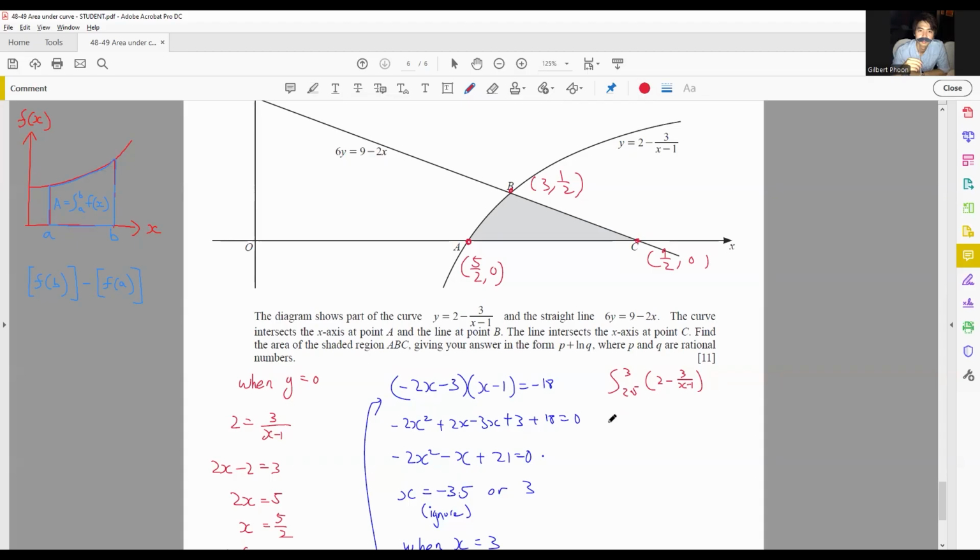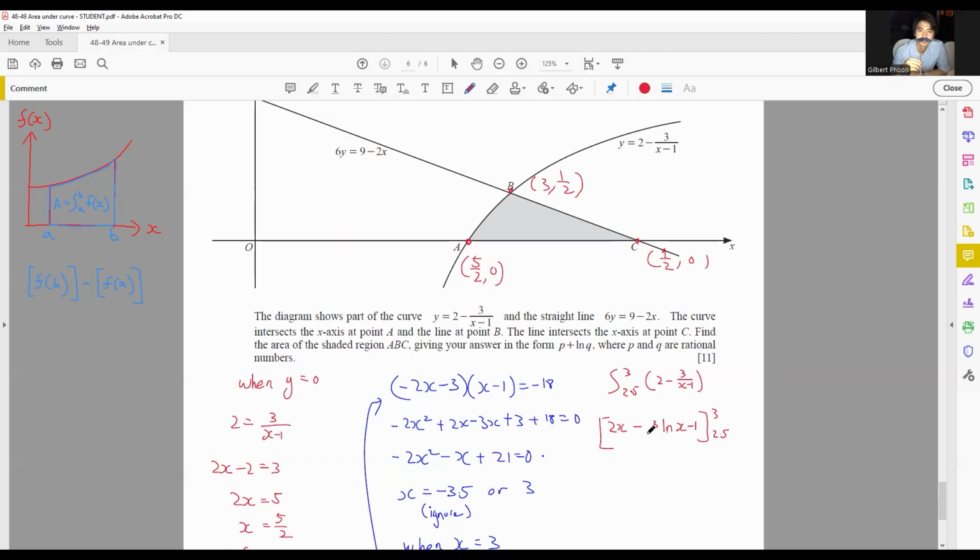Integrating 2, you get 2x. Integrating this, you get ln of (x minus 1). But I want the 3 on top, so the 3 just stays there, between 3 and 2.5.